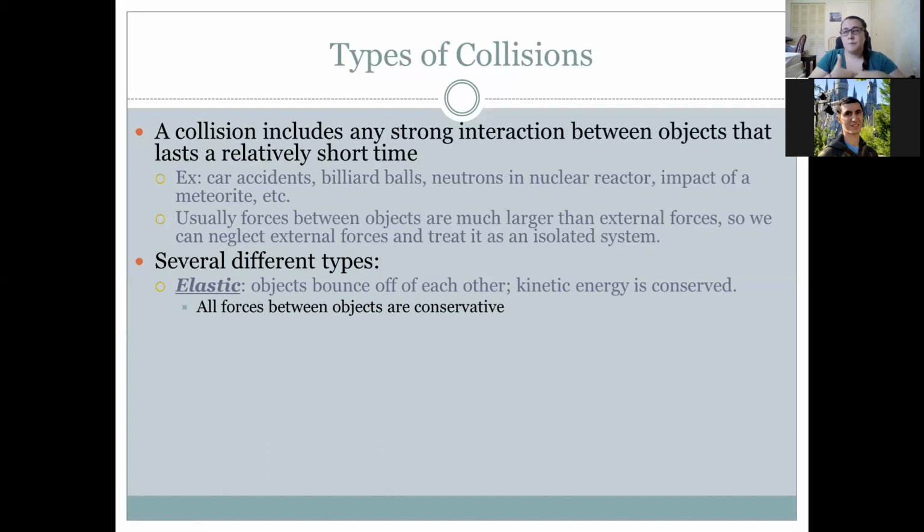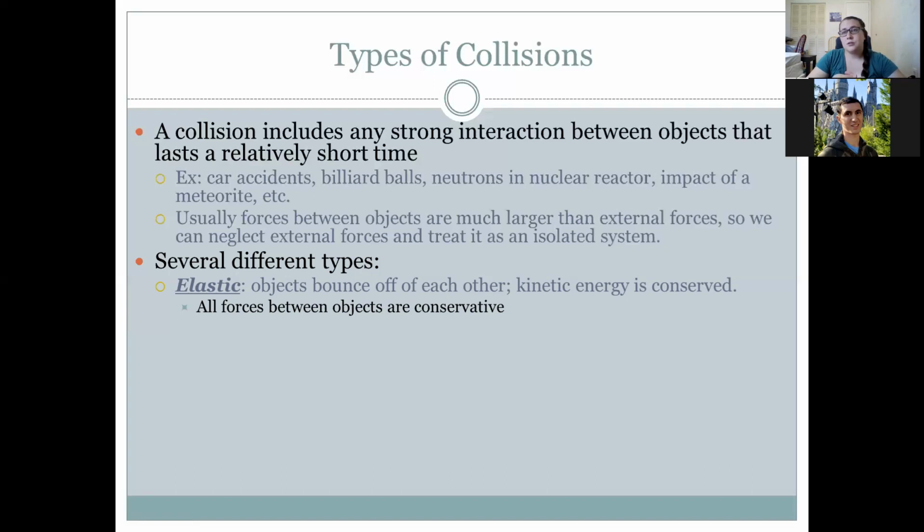If we have a perfectly elastic collision, then momentum is conserved, but also kinetic energy is conserved, because in an elastic collision, all of the forces between objects are conservative forces.